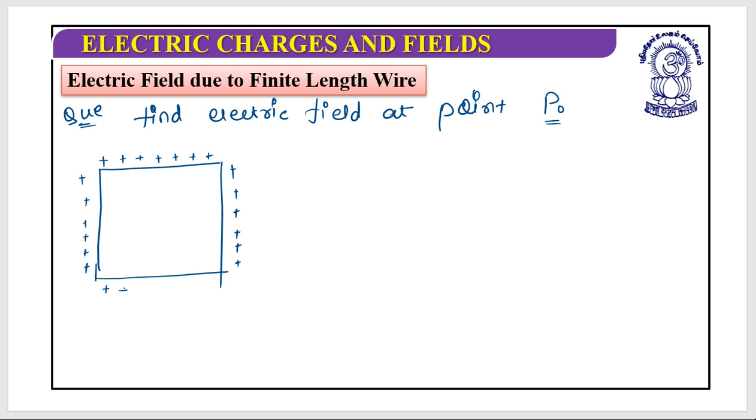Four rods are there, which have an equal positive charge density. Let's say the linear charge density we call lambda. And there is a midpoint, we can call it P. I require the electric field at this point.